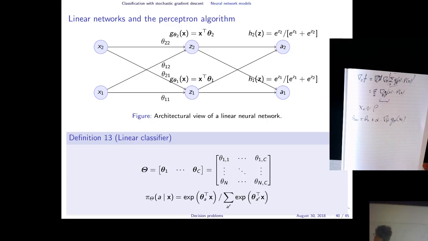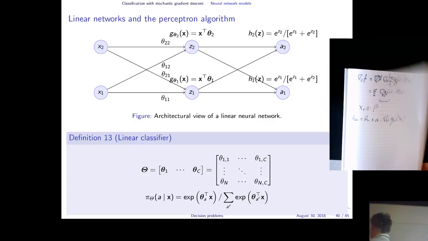Because of this linear structure with one layer, there is a set of points whereby these z's are all 0, and this is a hyperplane. So on one side of the hyperplane you classify things as one class, and on the other side of the hyperplane you classify things as another class.